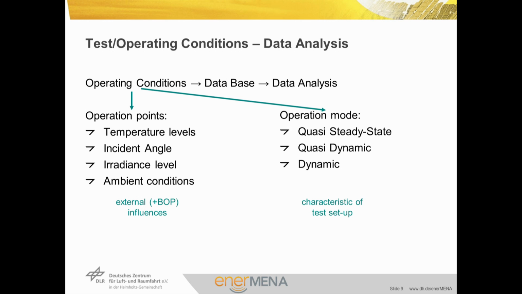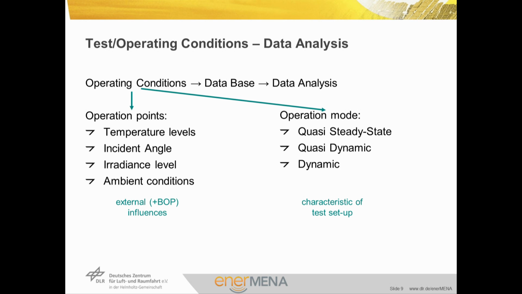As for test operation, three main modes can be distinguished. During quasi-steady state operation, no operational parameters change with time, while during quasi-dynamic operation they may change within certain bounds. In dynamic operation, however, any transients may occur.